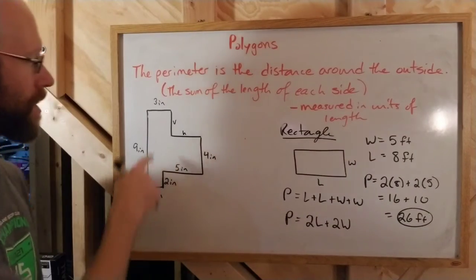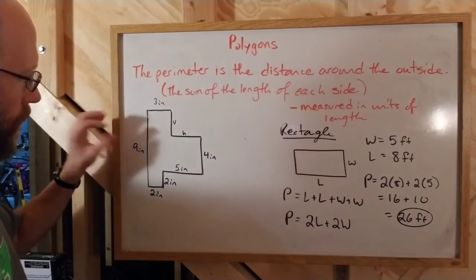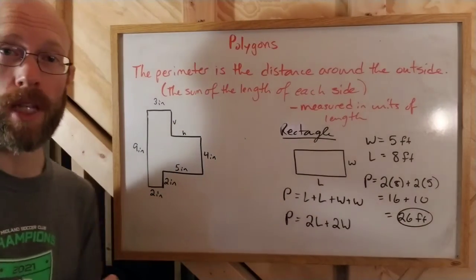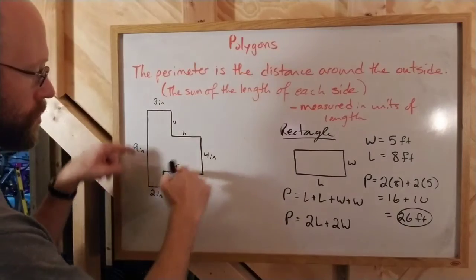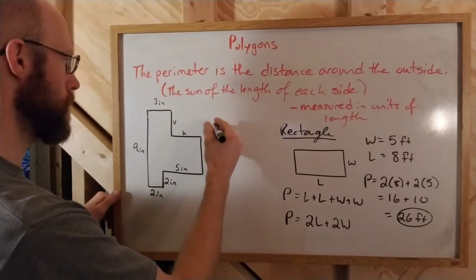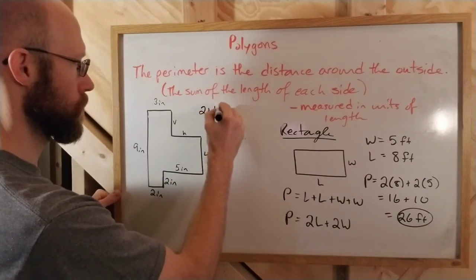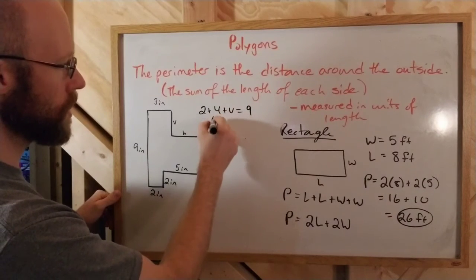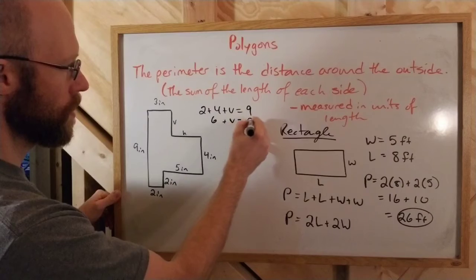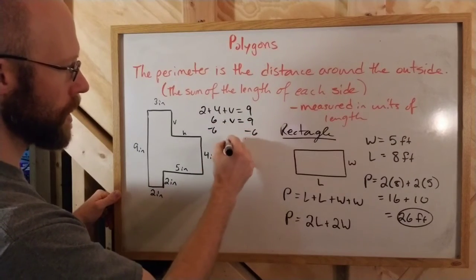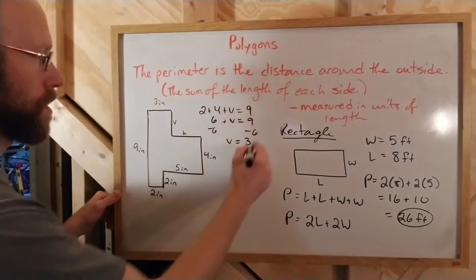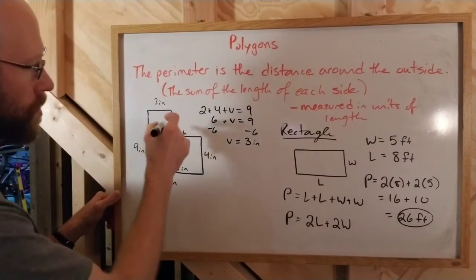The vertical one I can find because 2 plus 4 plus V should equal 9. They should span the whole height of the object. So 2 plus 4 plus V equals 9. To find V, I add those up and subtract them from the 9. So V is equal to 3.